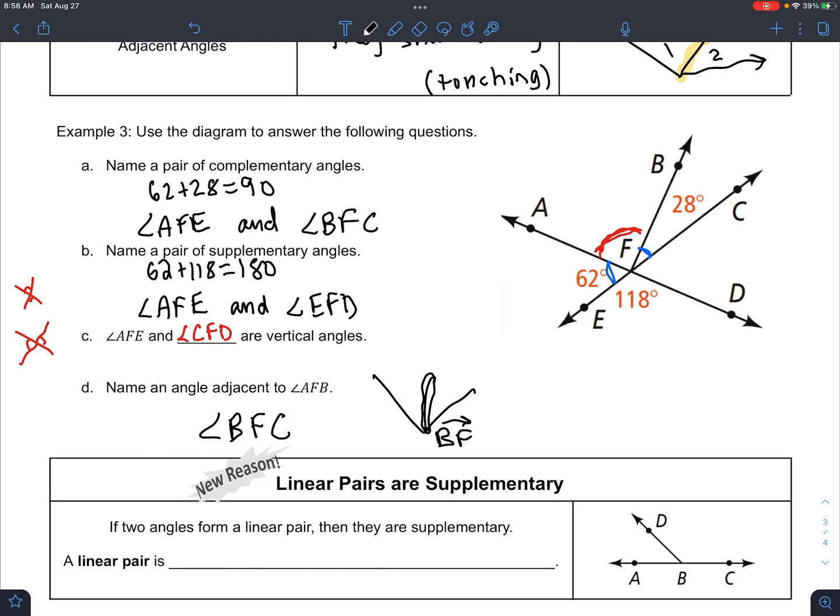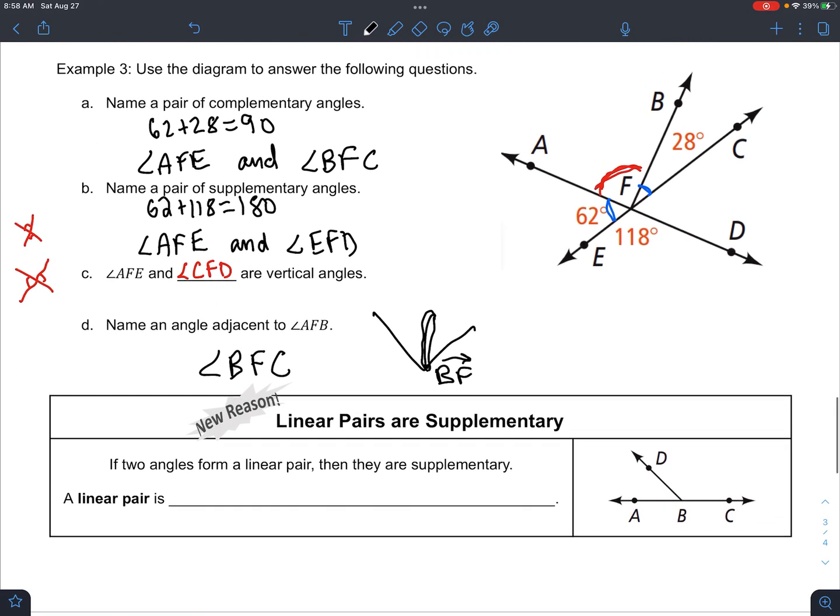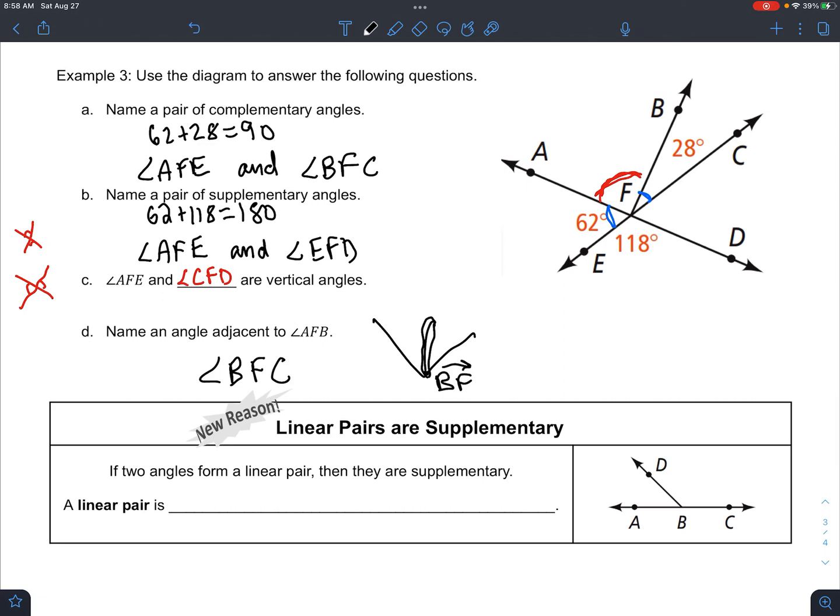And then the very, very last piece of info is just the vocabulary for a linear pair. So a linear pair, we've already talked about it, is two angles that form a straight angle. And there's this fact that if you have a linear pair, then the angles are supplementary.